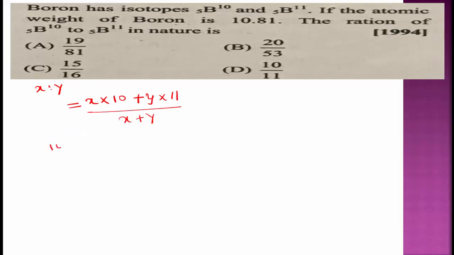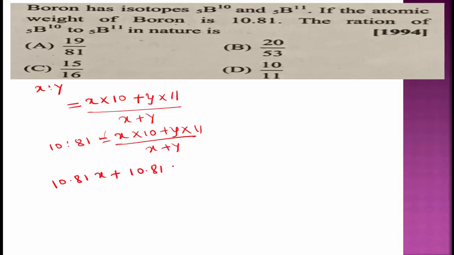The atomic weight of boron is 10.81, which is equal to (x into 10 plus y into 11) divided by (x plus y). So 10.81x plus 10.81y is equal to 10x plus 11y.